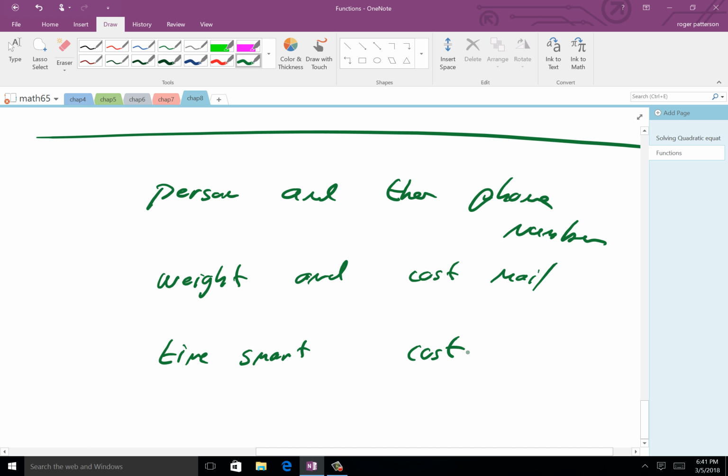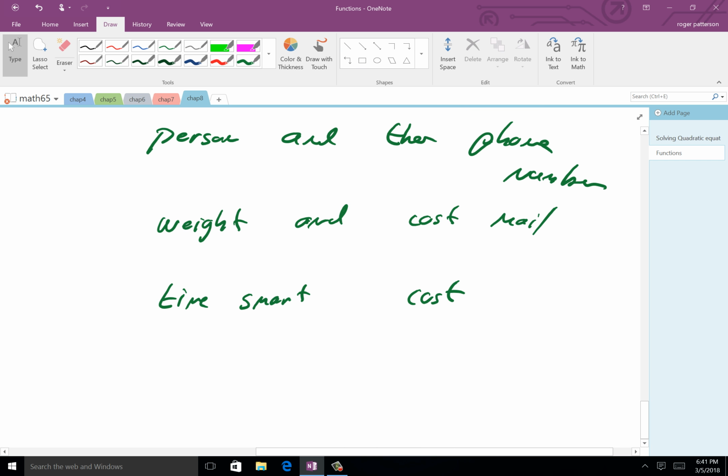Smart Park downtown Portland, you go in there, you park, right? The time you're in there versus how much it costs you. It's a function? I don't think it is. Maybe, up to certain times it depends. If you go for less than 2 hours, it's a set price, but after that, it goes per hour.